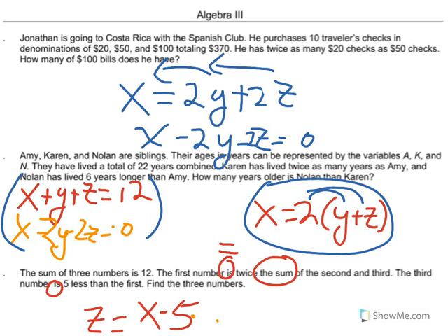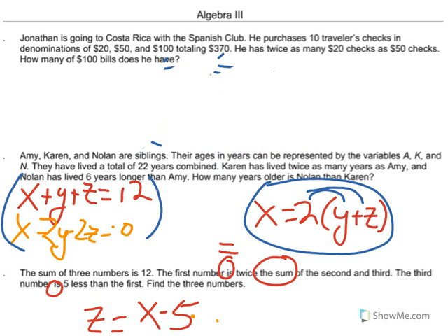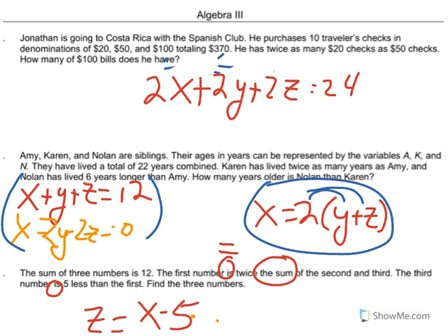If you'll notice, I can do an elimination method. I need to multiply my top equation by 2 to cancel stuff out. That's going to give me 2x plus 2y plus 2z is equal to 24. And then I have my bottom equation, x minus 2y minus 2z is equal to 0.